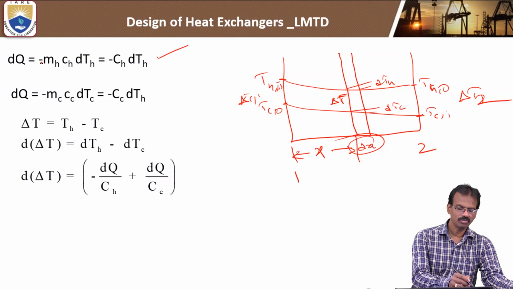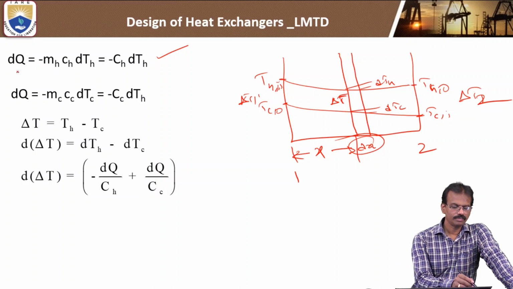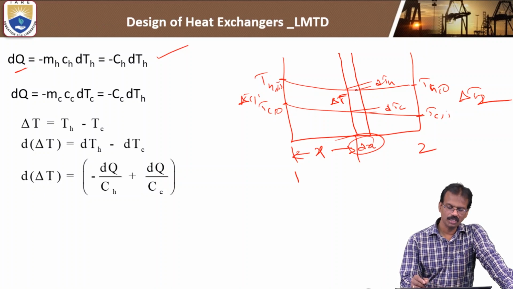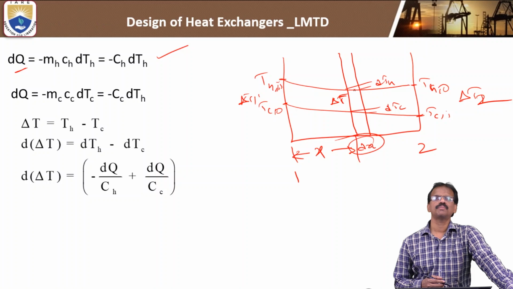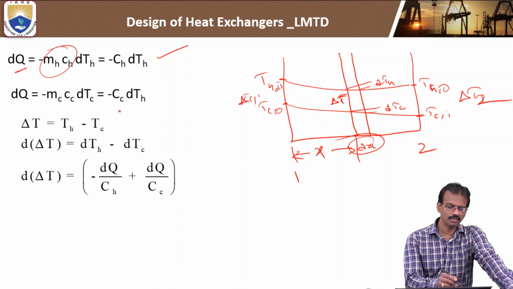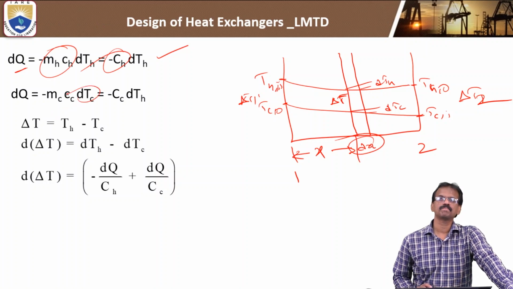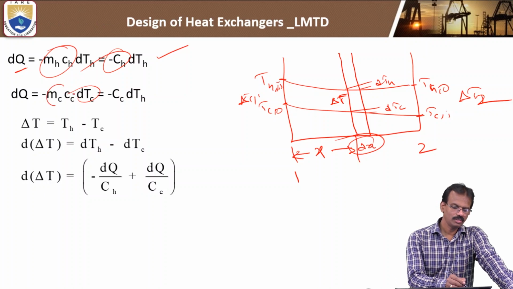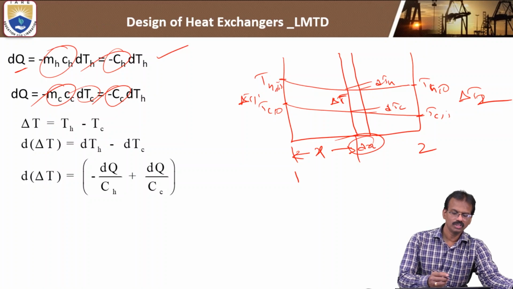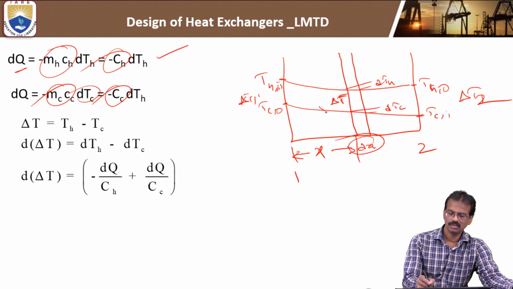In both cases we take a minus because the graph is decreasing. So the rate of heat transfer for the small elemental area is dq equals minus mh ch dTh, where mh ch is capital Ch. Similarly dq equals minus mc cc dTc, where mc cc is capital Cc, the heat capacity rate of the cold fluid. In both conditions there is a minus because the temperature is decreasing.